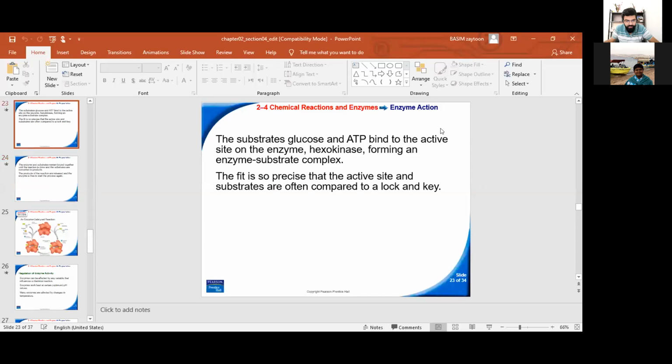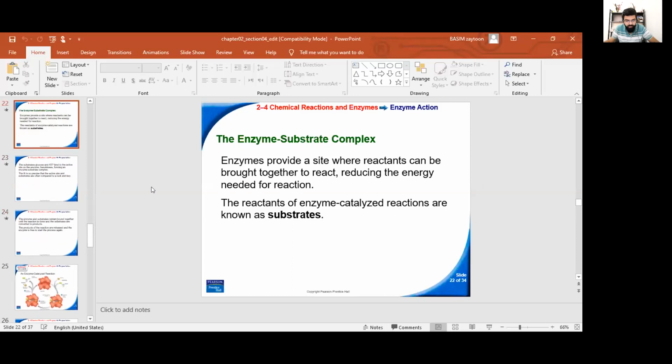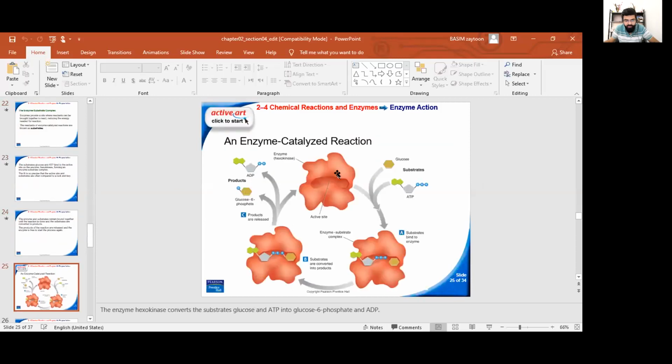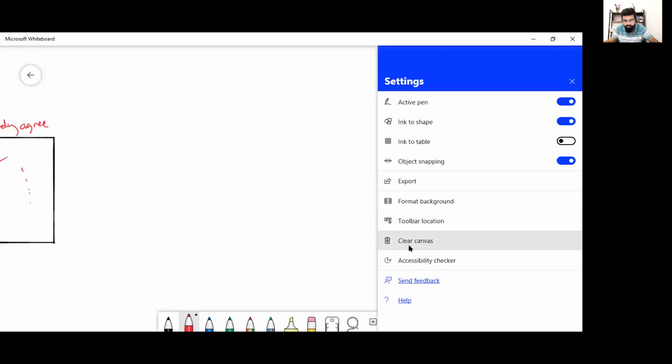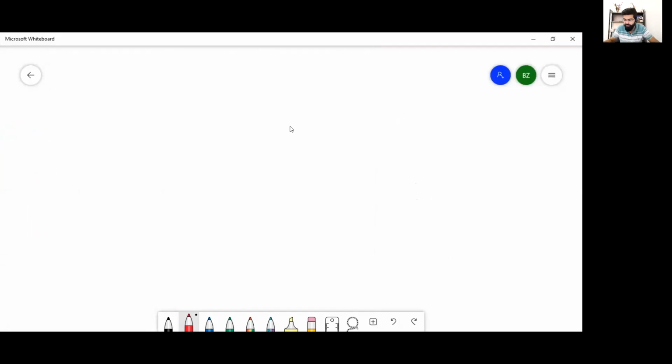So what are the factors that are important for regulation of enzymes, or that affect the enzymes' work? Just to remind you, we said enzymes are proteins, or biological catalysts, and these biological catalysts are used to speed up the chemical reactions.